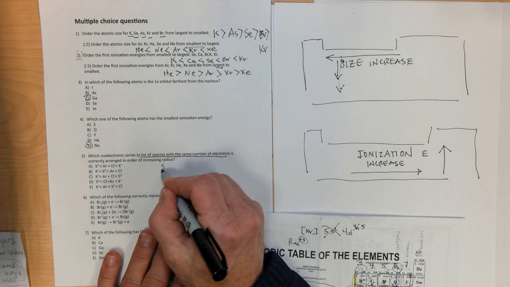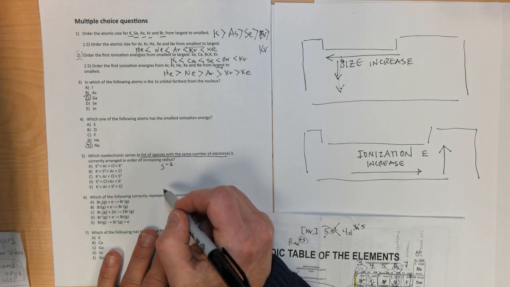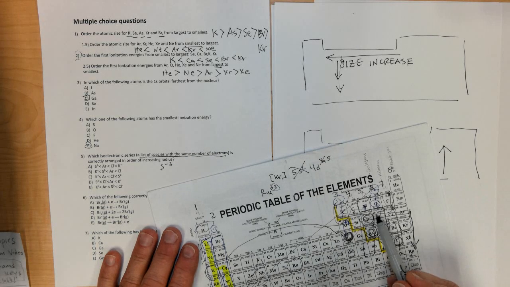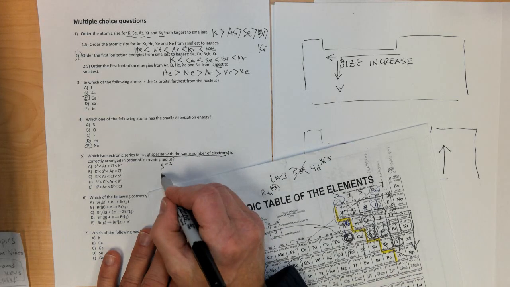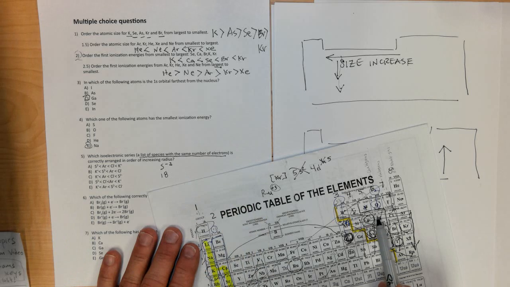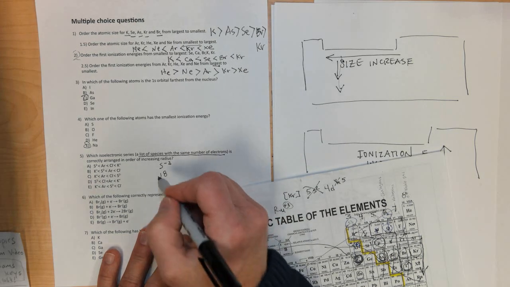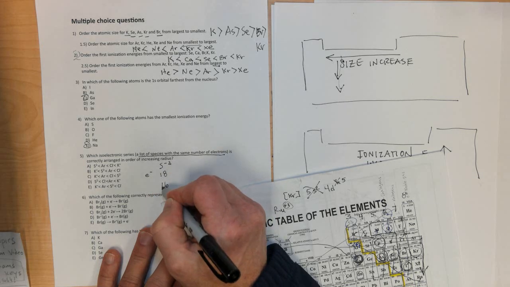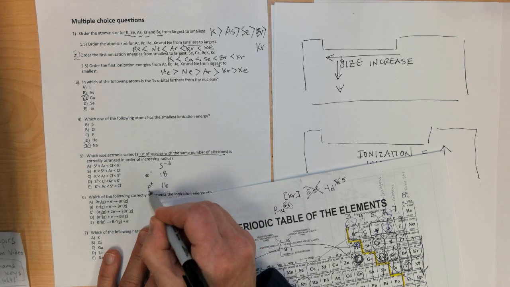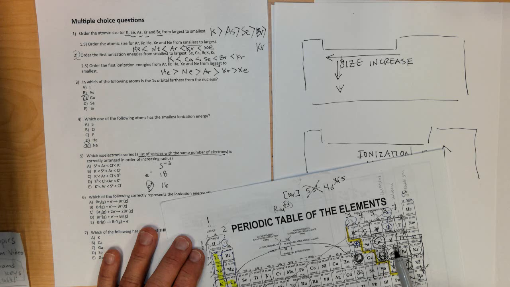And so if you look at sulfur -2, sulfur normally has 16 electrons, but since it's -2 it has 18. And sulfur always has 16 protons. So my number of electrons is 18, and my number of protons is 16, because that's its atomic number, and that's how many protons are in the nucleus.